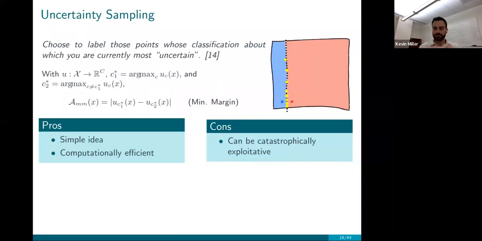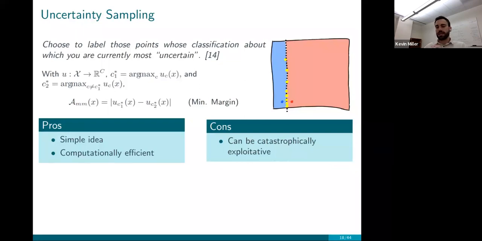It follows the idea that you want to label points that your current classifier is most uncertain about. Now, depending on how you define uncertainty, you're going to get different acquisition functions. One of the most common uncertainty sampling criteria, though, is what's called minimum margin sampling, which is to query points that are closest to your current classifier's decision boundaries, which is exactly what I characterized as exploitation.